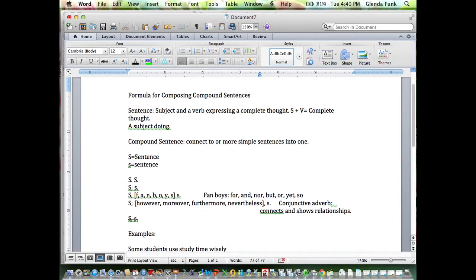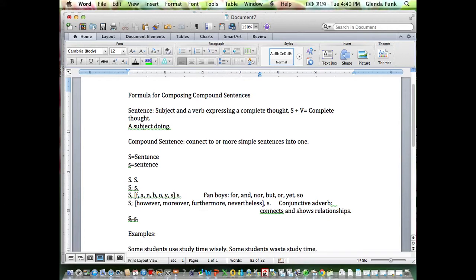I wanted to drive home the point. Then, because I'm working with the first part of the formula right here, I went ahead and added my second sentence. Some students waste study time.